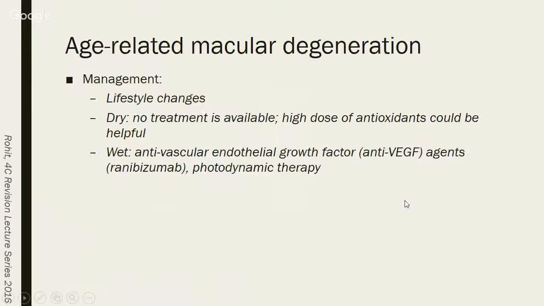In terms of management, there's not much we can do because we don't know how the drusen works, so we can't really do anything to stop it being produced. Some people say that high antioxidants or certain vitamins can help, especially vitamin D. The wet type we can do something for because we know that the problem is neovascularization, and we can stop vessels from getting formed by using anti-VEGF agents.